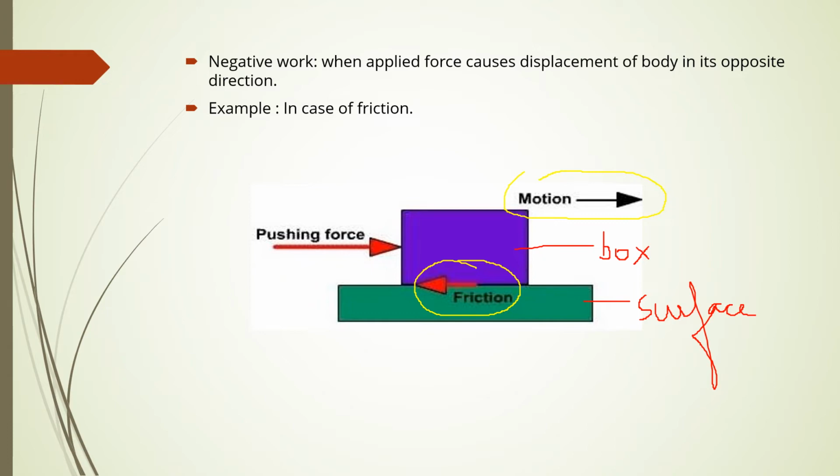You got the point? Negative work. Friction is applied in this direction and the body is moving in the opposite direction. So in this context we can say that the work is negative work. Positive work means force and motion are in the same direction. Negative work means force and motion of the object are in opposite directions.